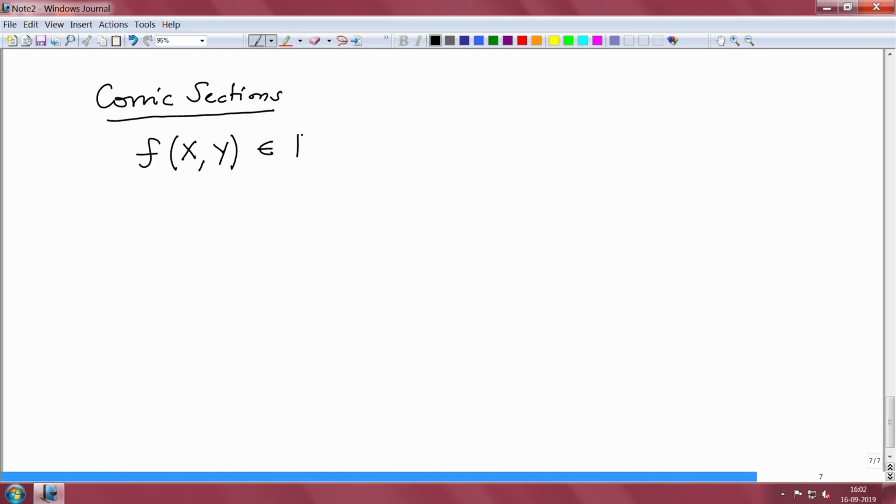This is a polynomial in two variables x y over the field of real numbers, and we were assuming that it is irreducible over R. That means you cannot factorize this polynomial into two different non-constant factors.